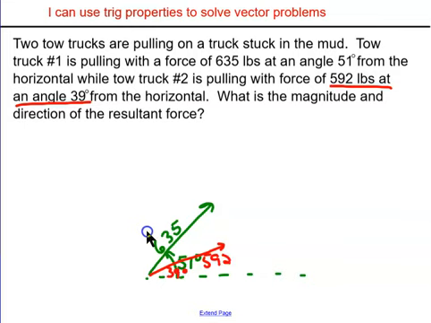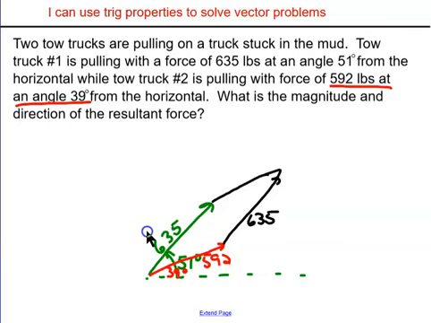Okay? So I'm going to draw my parallelogram. So I guess I try to go like this. Does that look parallel to the bottom? So basically, if this is 592, the black one above there is 592. If this is 635, this is 635, something like that. Okay.